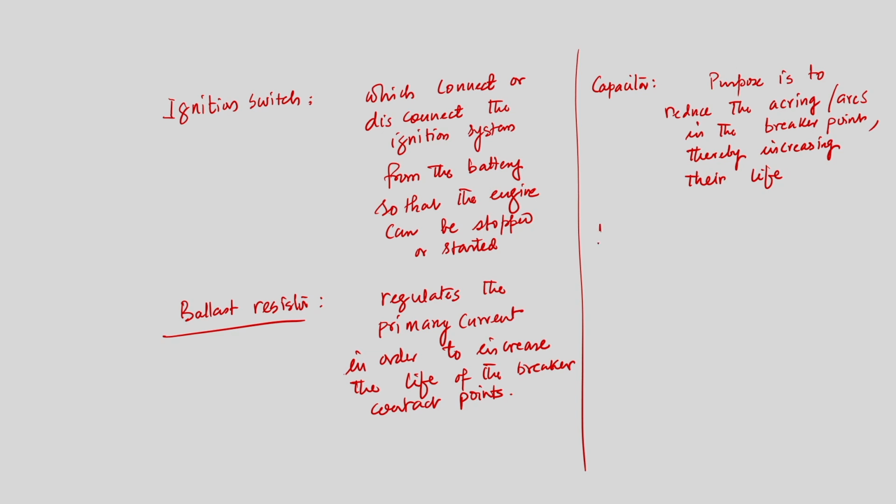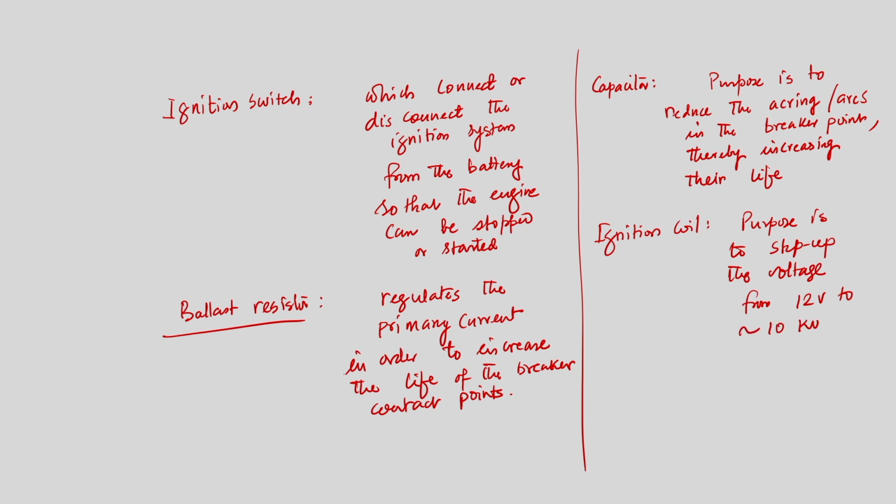And very important is the ignition coil. The purpose of this coil is to step up the voltage from 12 volt to 10 kilovolt, of the order of 10 kilovolt, right.